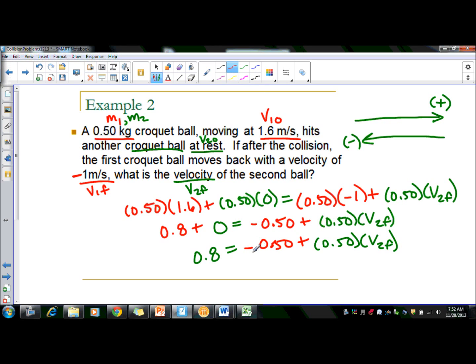So since it's negative 0.5, then we're going to add 0.5 to both sides. And so this side we get 1.3 equals 0.50 times V2F. And so then we get a V2F of 2.6 meters per second.